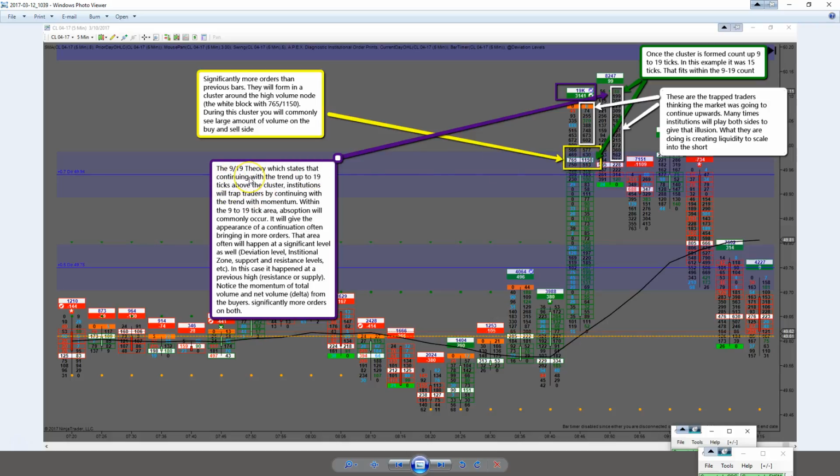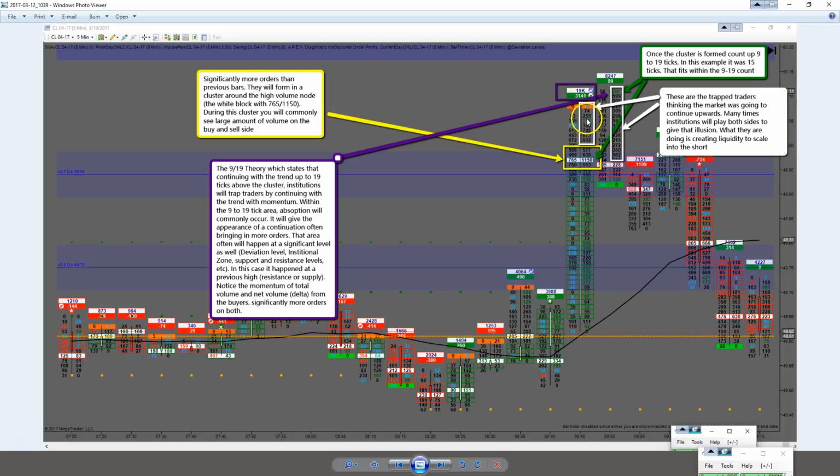Now the 9 and 19 theory, which states that continuing with the uptrend to 19 ticks from here, 50.15 was the threshold, I believe. But starting at the high volume node, continue with the trend up to 19 ticks above the cluster. Institutions will trap traders by continuing with the trend with momentum. Okay, this is important.